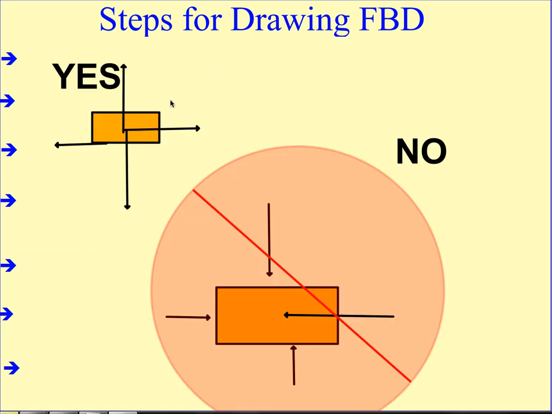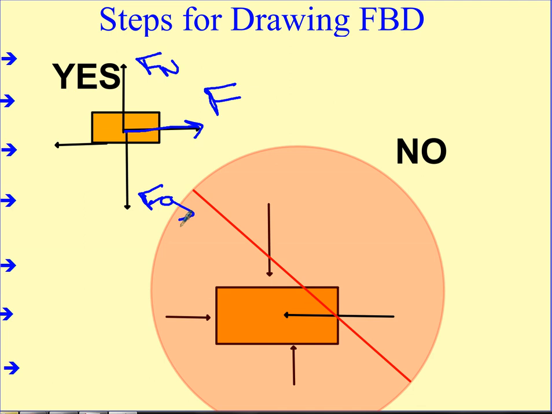Now, this is a good example of how to draw a good free body diagram. You've drawn a box, okay? The forces are starting on the box and they're heading away from the box. You have arrows. If you're good, you have labeled them. So this is my applied force, normal force. I've got a block sitting on a table apparently.